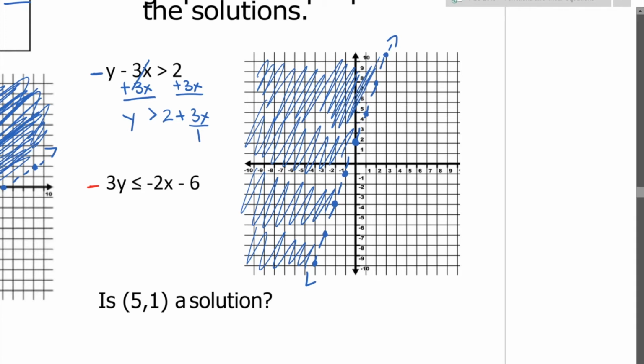Well, there's only a 3 attached to it, so I've got to divide everything by 3. These 3's will cross out. I can drop down my y, drop down the inequality. Does negative 2 go into 3? Can I divide those? No, so I just leave it negative 2 over 3x.